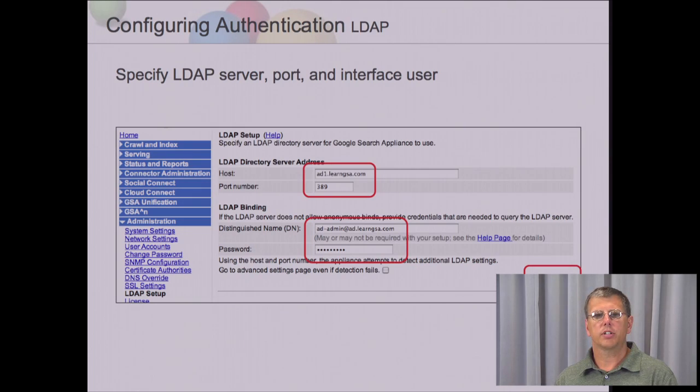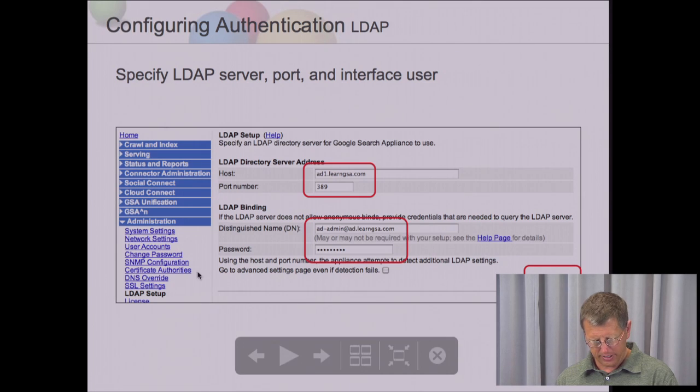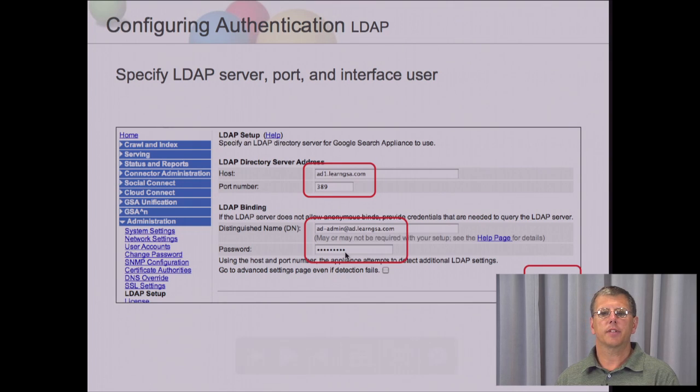To do this, we go to a different configuration page on the search appliance. We go under Administration, LDAP Setup, and we provide the host name, port, and a user that can bind itself to the LDAP and make requests to the LDAP server for user authentications.